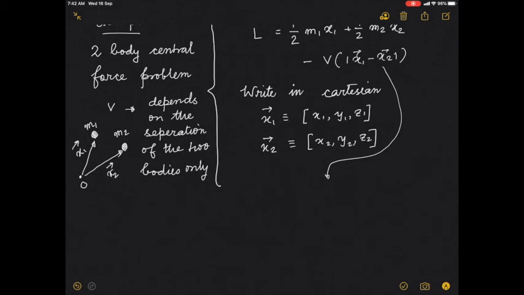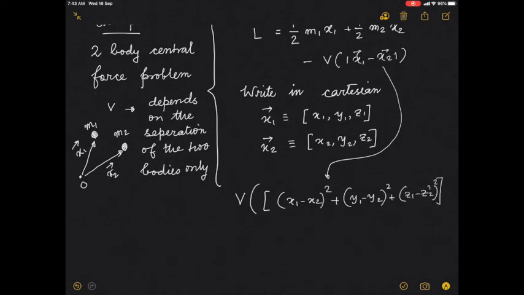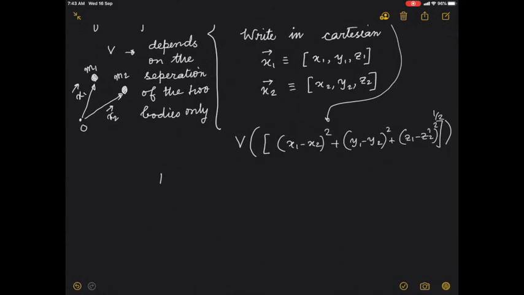And you know how to write it down. I will just write down the potential because that is what we will have interest in. This is x1 minus x2 square plus y1 minus y2 square plus z1 minus z2 square, to the power half. So it depends on that, right? So it's a 1 by r potential, which is just 1 by this entire thing, square bracket to the power half.